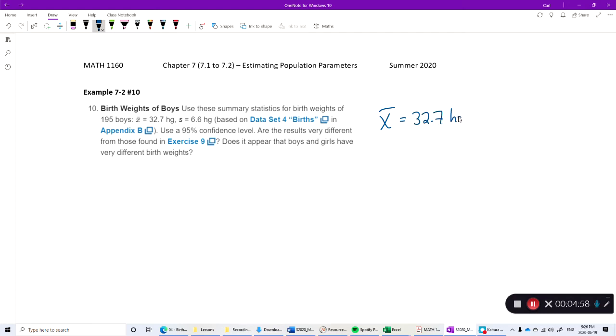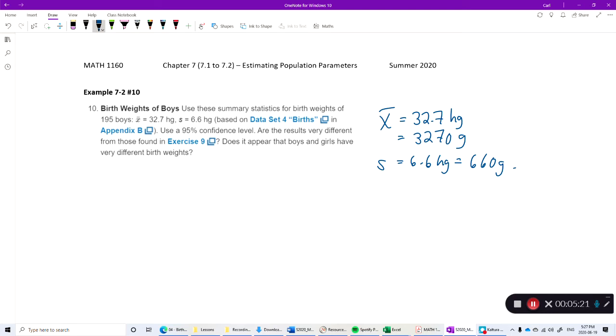They use this symbol HG, which means hectograms. Hectograms would mean hundreds of grams, but I think it's very strange to use that. So let's just change it to regular grams. That's fine. And the s is 6.6 hectograms, which is 660 grams.